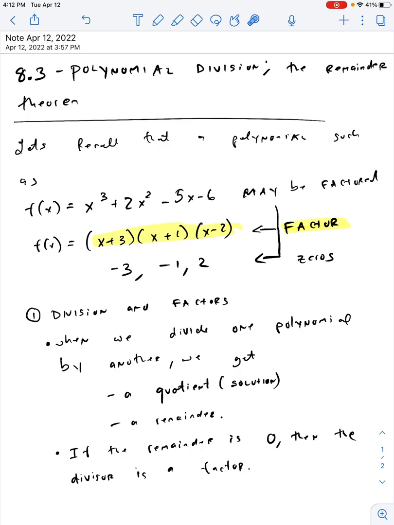So let's take a look at this example. Let's divide it by x plus 1.